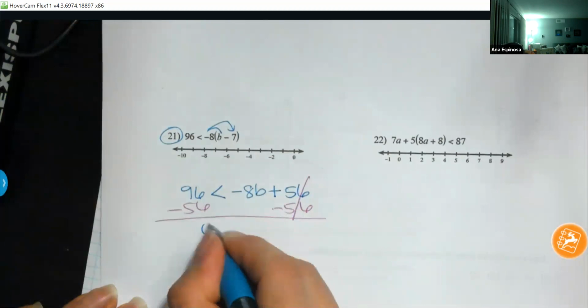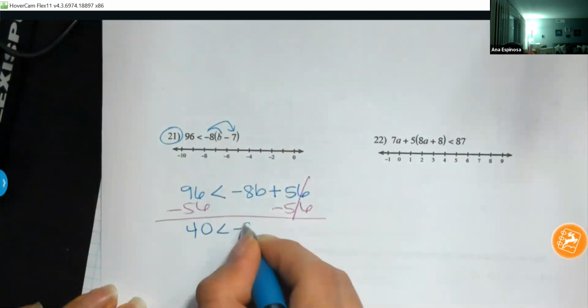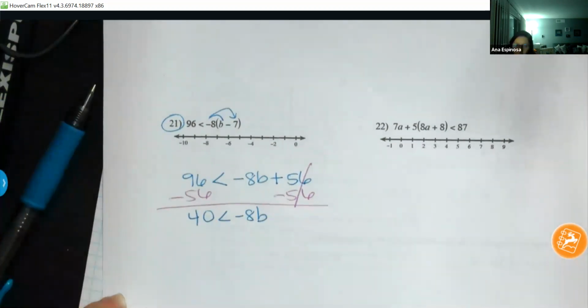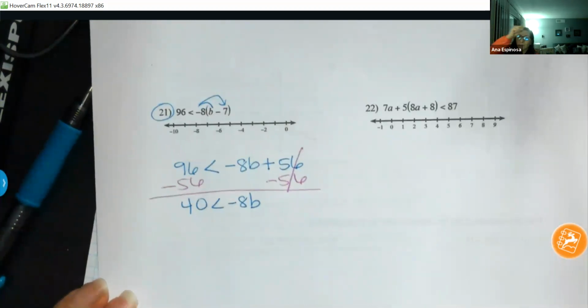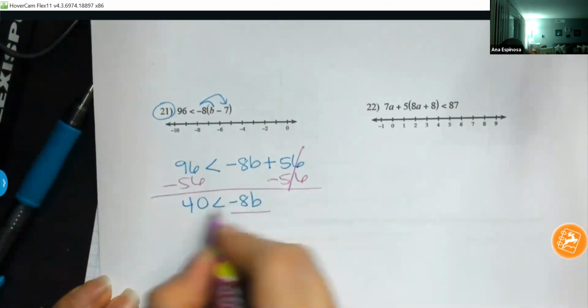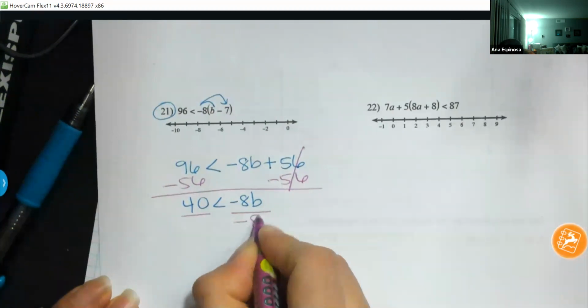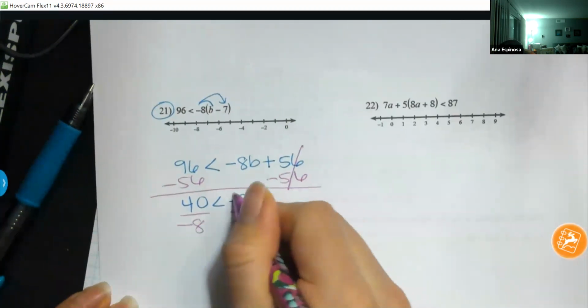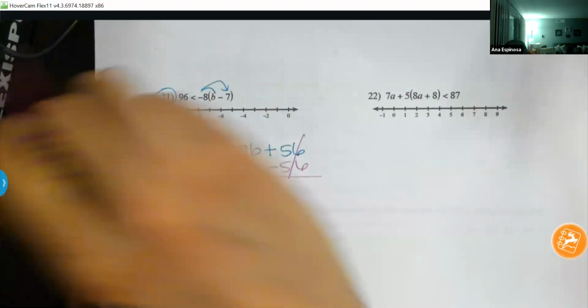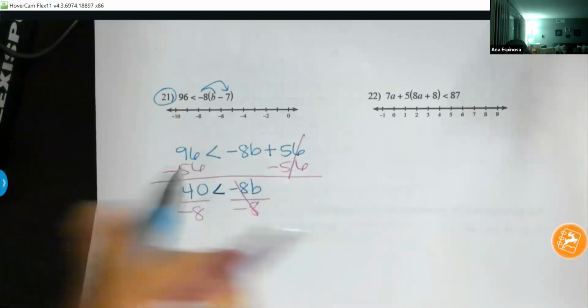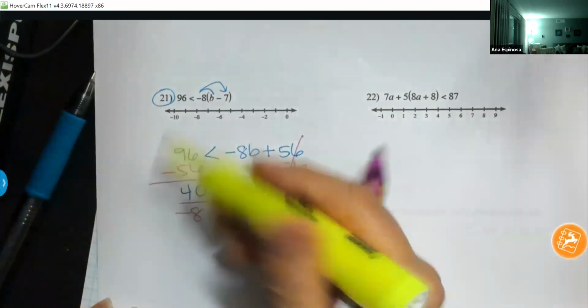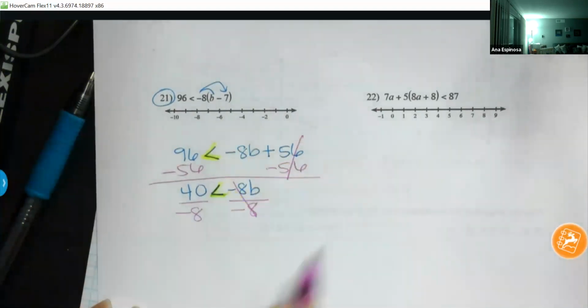So I am going to move that over. It's 40. And here's the thing. Whenever you divide by a negative number, your inequality has to flip. So instead of going this way, let me just highlight it so you can see it.